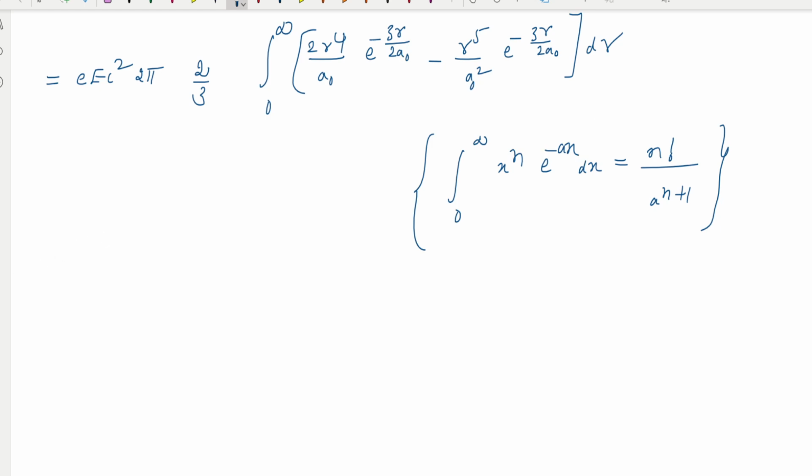After applying this formula, see here, this is c square 4 divided by 3 pi.